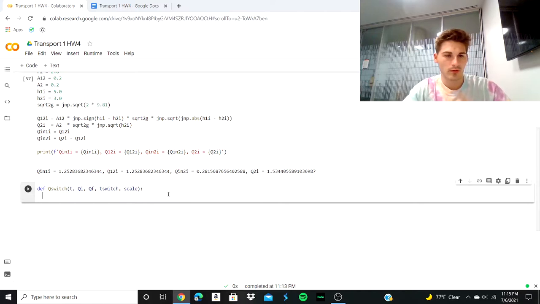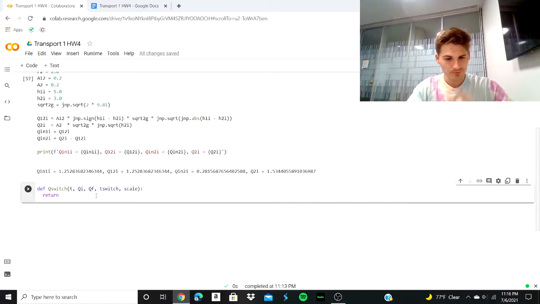And so for this, we're just going to return the sigmoid function, and then we need to change it a little bit so that it algebraically represents a value that we desire, which is this QF here.